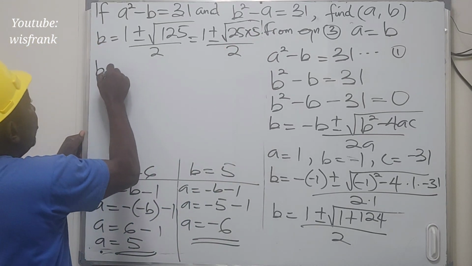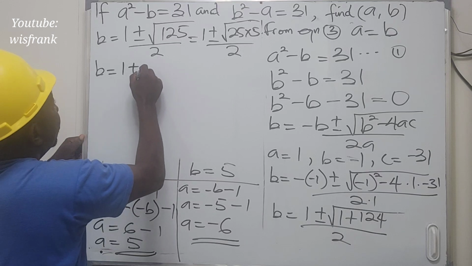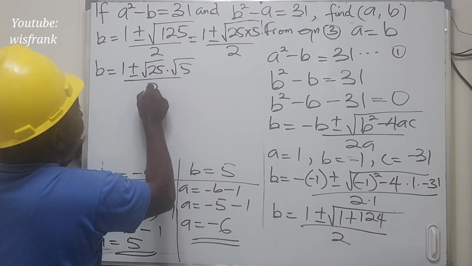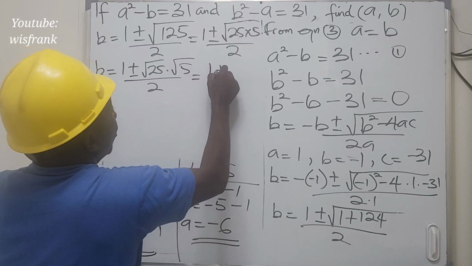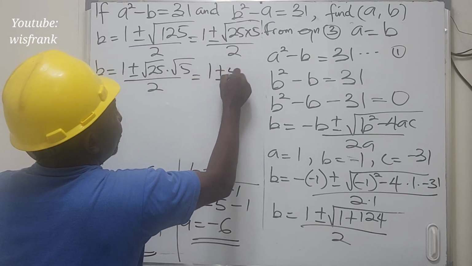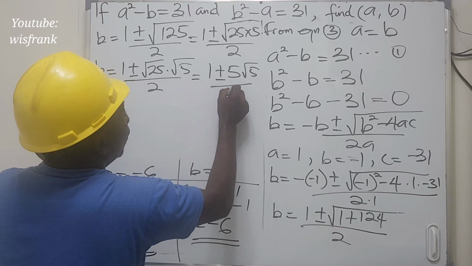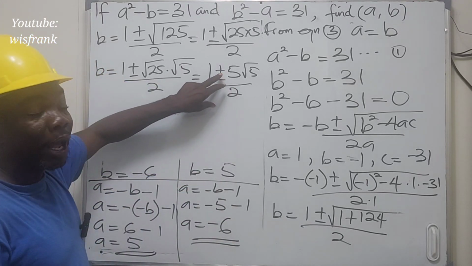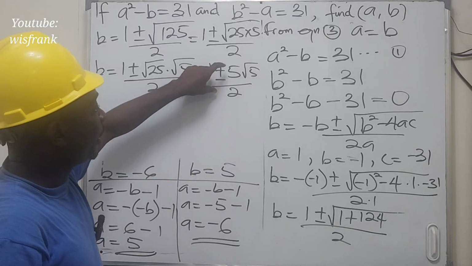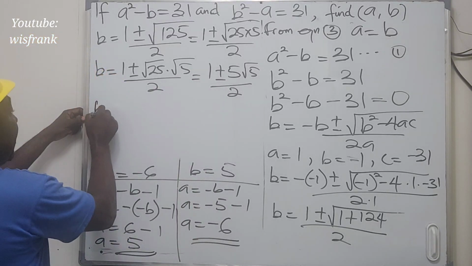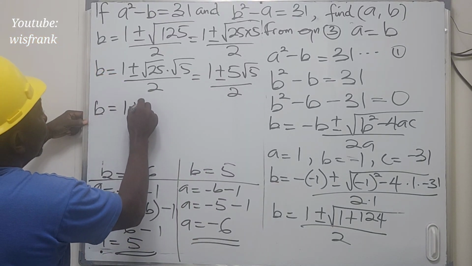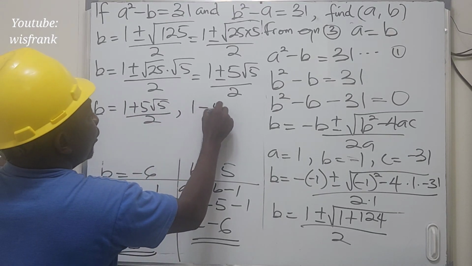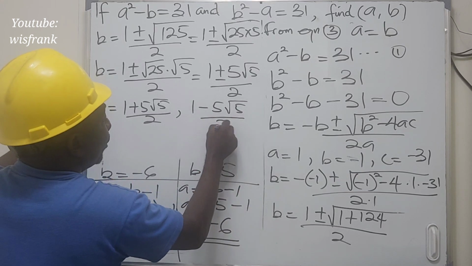So b will equal 1 plus or minus square root of 25 times square root of 5 all over 2. This is the same thing as 1 plus or minus square root of 25 is 5, root 5 all over 2. So these are the values of b, with plus or minus. So the value of b in this case is b equals 1 plus 5 root 5 all over 2 and also 1 minus 5 root 5 all over 2.